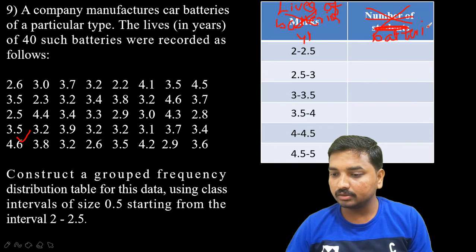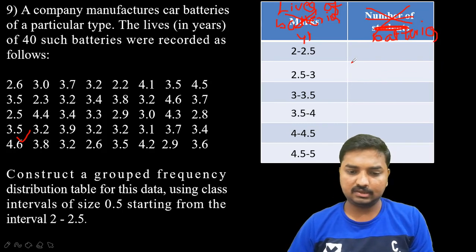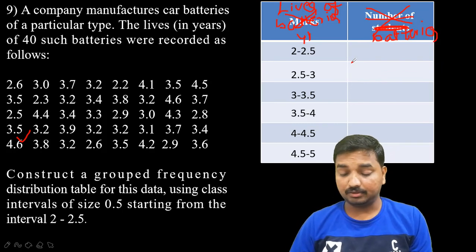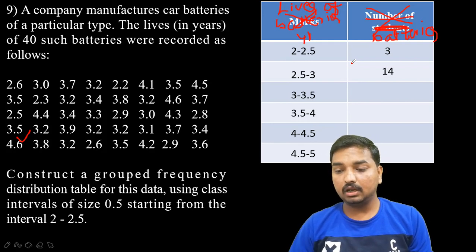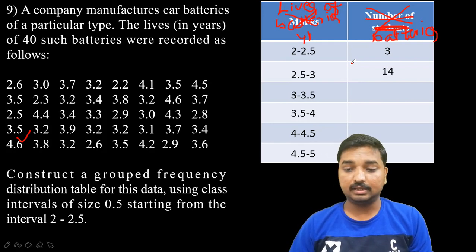I'm not going to mark everything here, as it's time consuming. I think you have understood the procedure, so I'm going to give you the answer directly. For 2 to 2.5, there are 3 data which fall in this class interval, and for 2.5 to 3, 14 are present, the maximum here. For 3 to 3.5, there are 12 data.